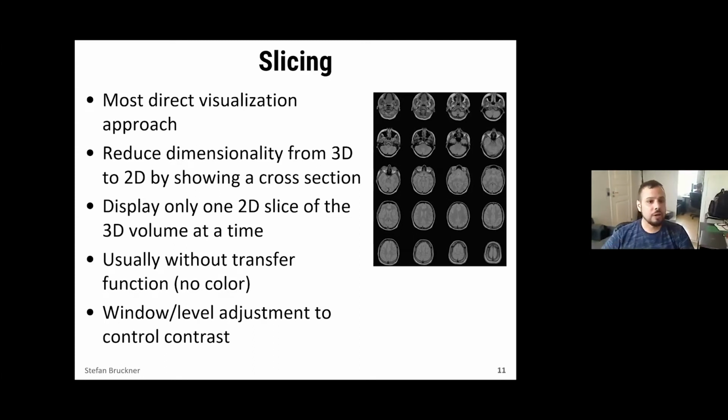Nowadays, this is done by means of a radiology workstation where you can scroll through the slices, and you have some means for adjusting the contrast of the slices. That is usually referred to as window level adjustment. We will actually see this a little bit later.